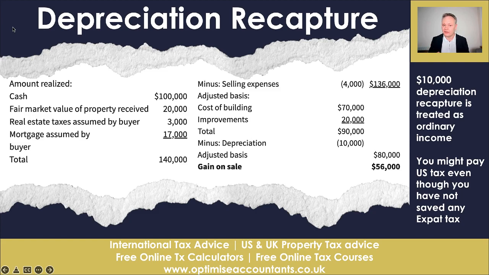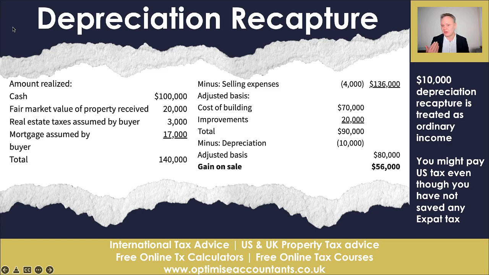But then you got the cost of the building, $70,000, improvements, $20,000. So this is all on your balance sheet, don't forget, on what the cost of the building was. So you got $90,000 there. But you may have depreciated that asset.